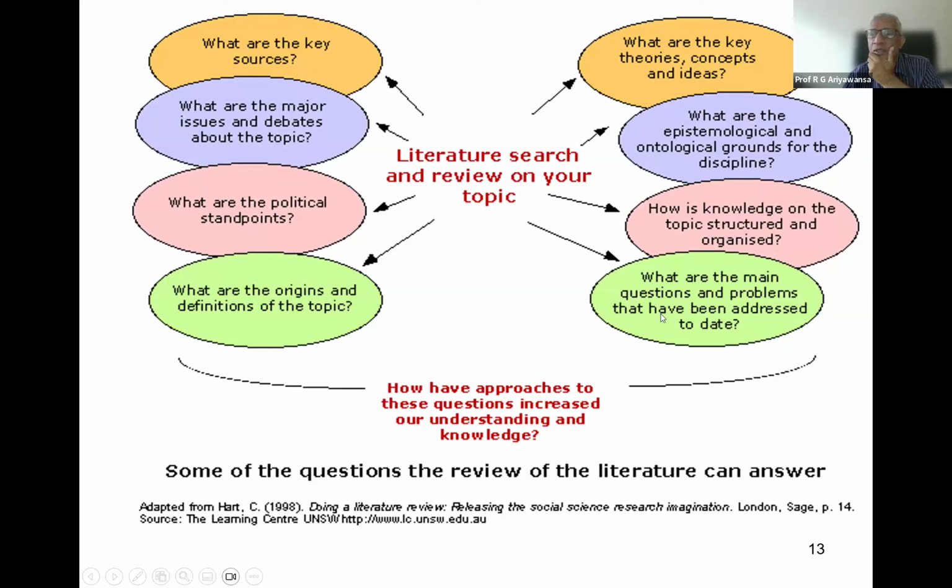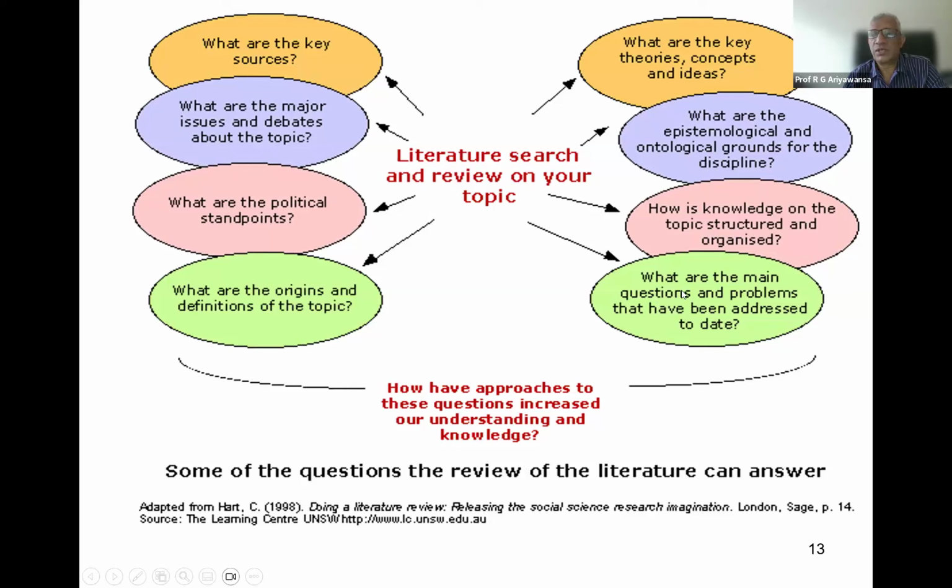Okay, this one: what are the main questions and problems that have been addressed? In research methodology, we will teach you how to develop a proposal. There you have to have a research problem, and then develop research questions and objectives.